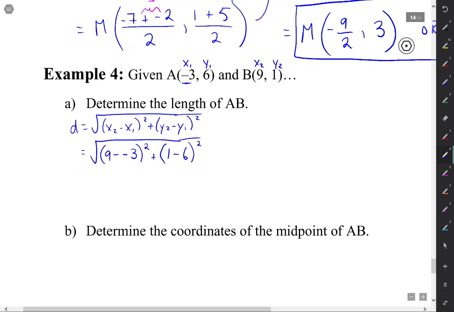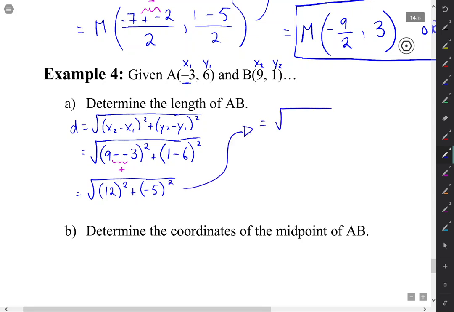Remember, if we have two minus signs right next to each other, that's the same thing as adding. So we're going to actually have 9 plus 3, which is 12, so 12 squared, plus 1 minus 6 is minus 5 squared.